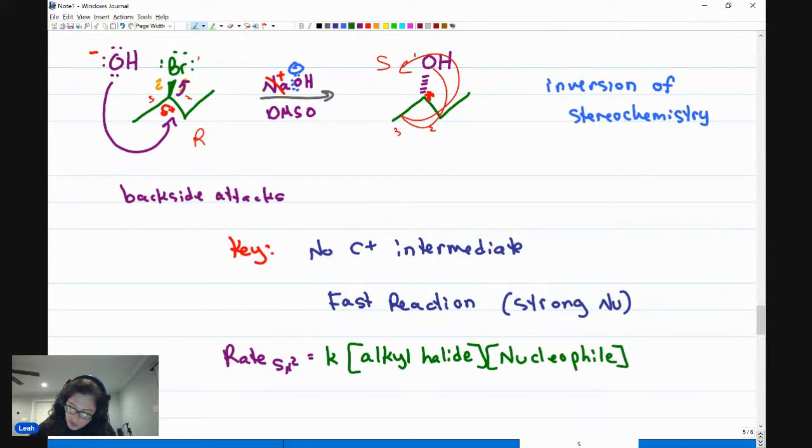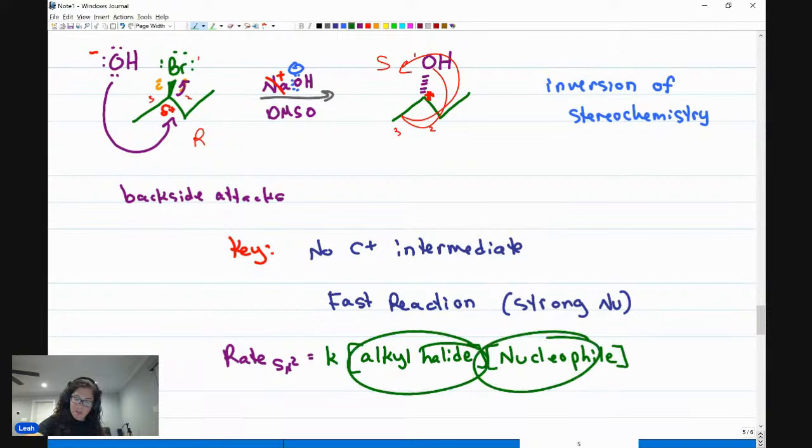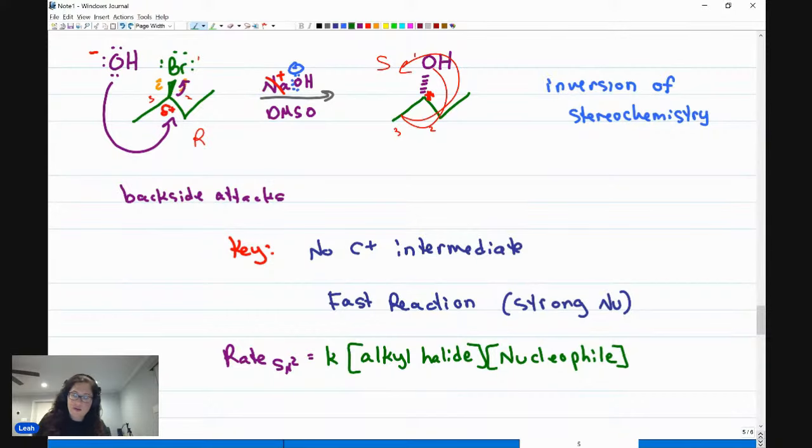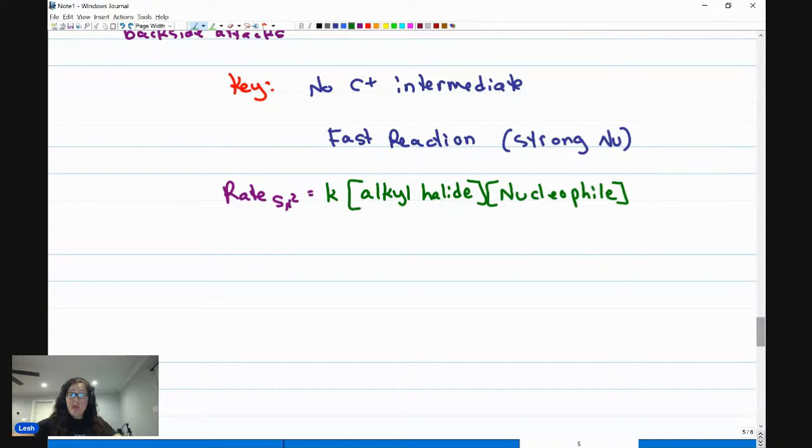Because we're looking at two different things, that is where that 2 comes from in SN2, a bimolecular reaction, because it's looking at both the concentration of the alkyl halide and the concentration of the nucleophile. And just like the SN1, we have general rates, but the speed can change depending on what we have.